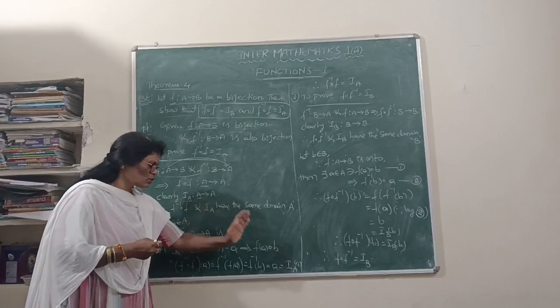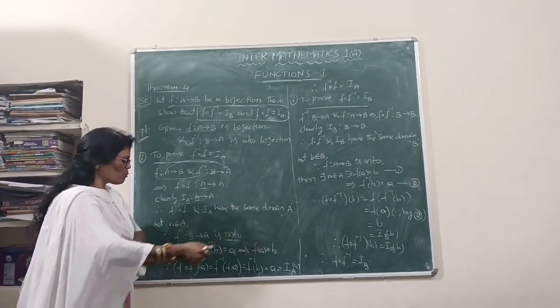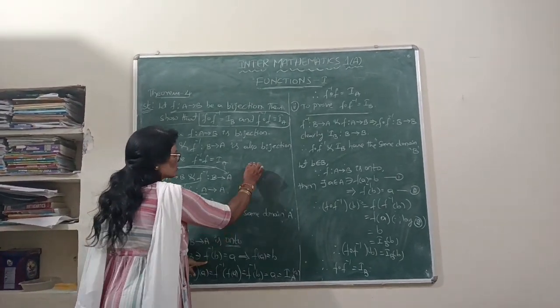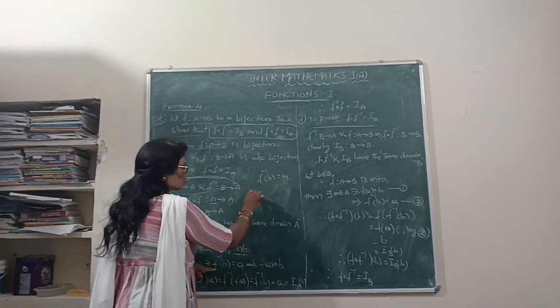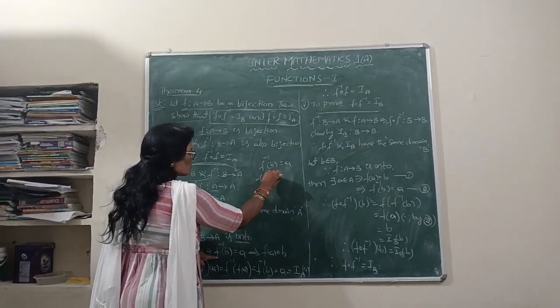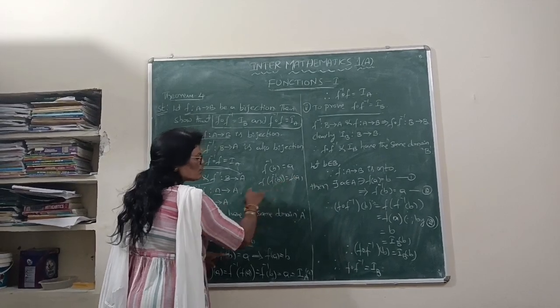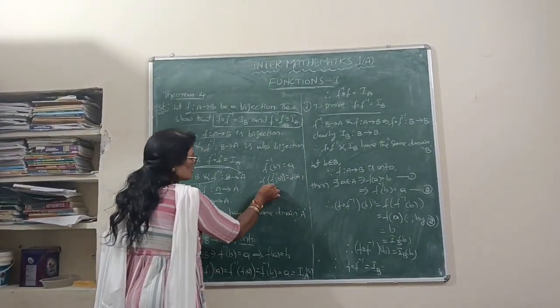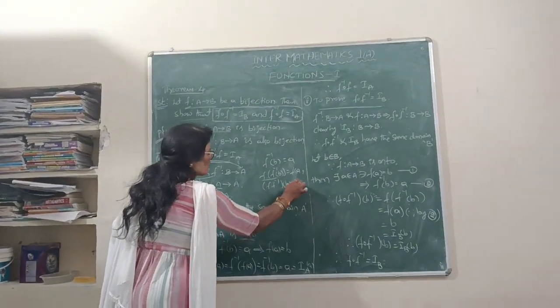Because f inverse of b is equal to a, I take f on both sides: f of f inverse of b is equal to f of a. But here f f inverse is the identity, and the identity function of b is equal to b only. So it is equal to f of a.